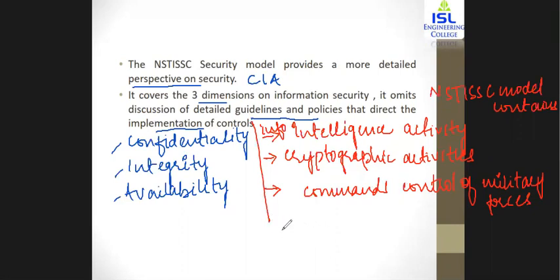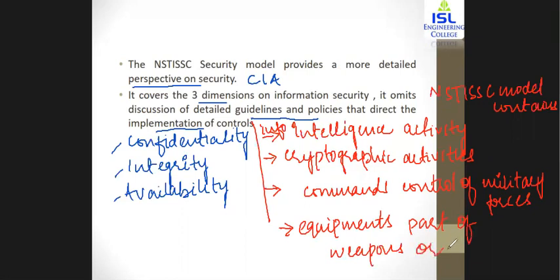Then it also involves any equipment that can be a part of a weapon, some type of new technology or new weapon that is used within the military. That type of information can be stored. Also any part within a weapon system, some add-on supports that you're adding within a weapon system. So the NSTISSC model is going to have all of this information.